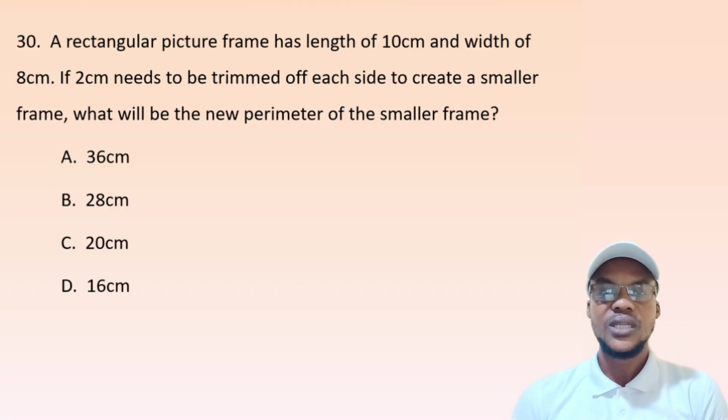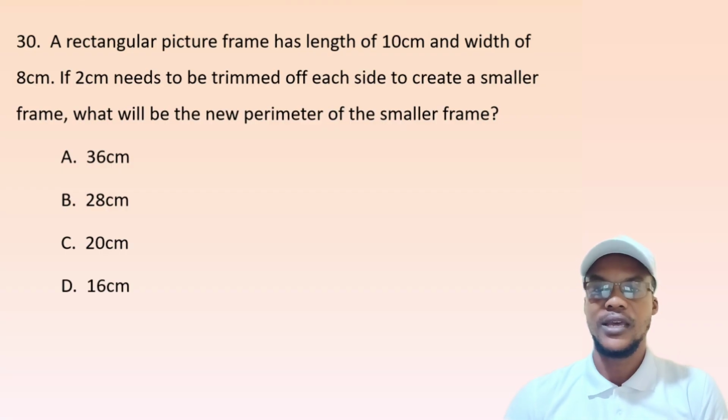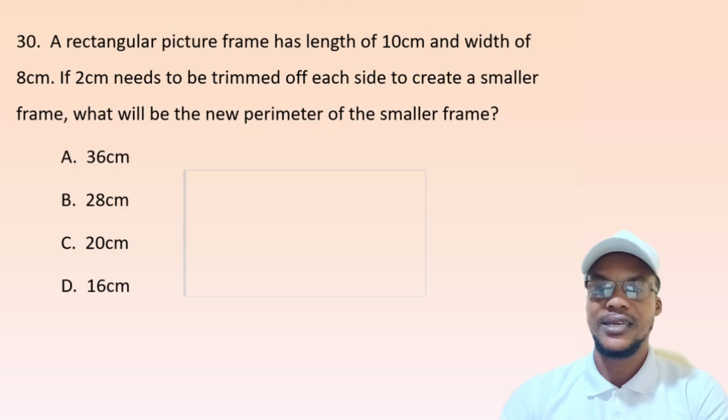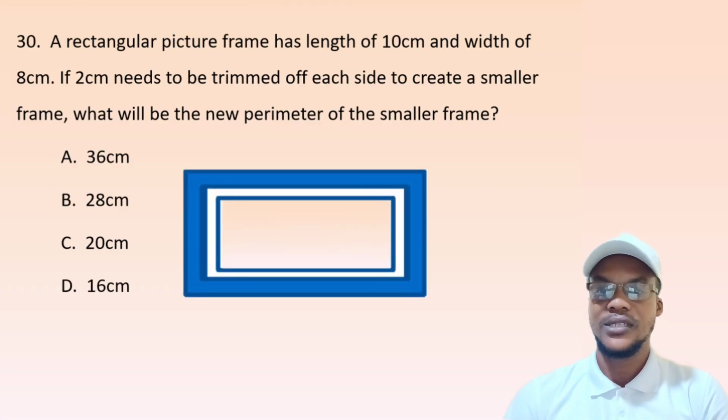So first of all, you need to know what a picture frame is. Whenever we take pictures by photographers, they use a frame to make it look nice. So if you have a picture frame in the form of a rectangle, then first of all, let's take this as our rectangular frame.